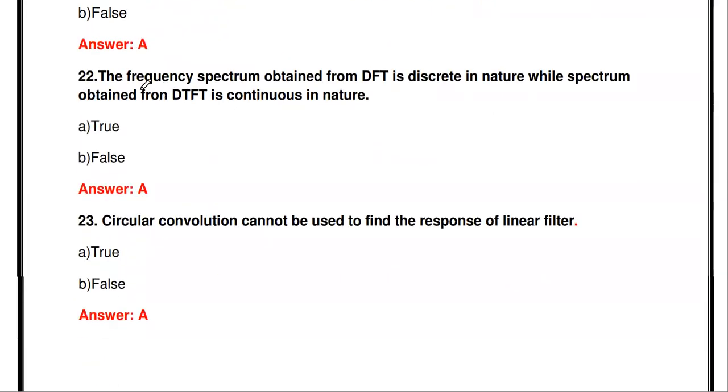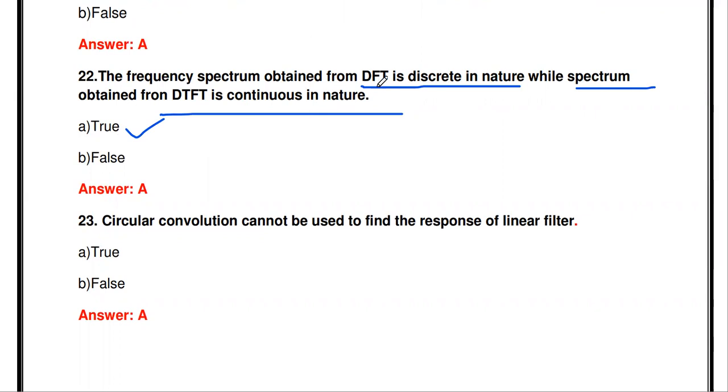The next one: the frequency spectrum obtained from DFT is discrete in nature, while the spectrum obtained from DTFT is continuous in nature. True or false? True. What is the difference between DFT and DTFT? For both DFT and DTFT, we give the input as a discrete sequence x of n.